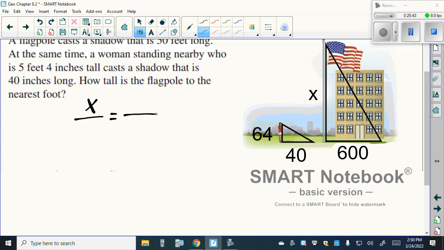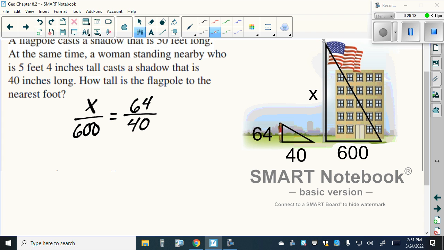So we have the height of the flagpole, x over what? Let's do 600. And let's see if we get the same thing if we use 64. So if we said x over 600, what would we put on top for the other one? 64 over 40, because that's the only other unit we haven't used.